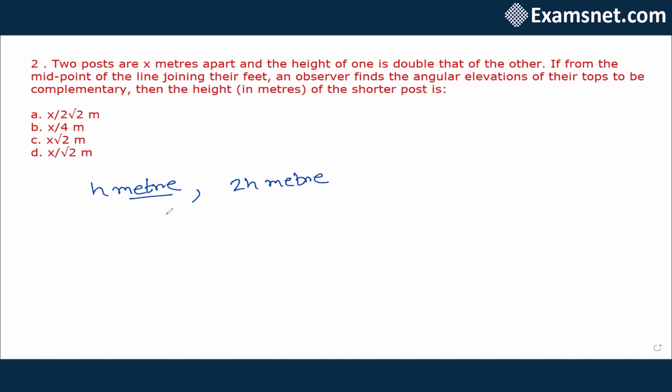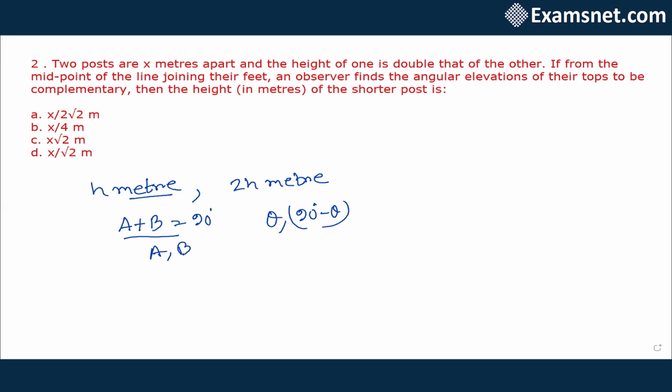If the sum of two angles is equal to 90 degree, let's say an angle A and another angle B, and the sum of these two angles is 90 degree, we can say A and B are complementary angles, correct? So here we can assume the angular elevation of the top of one post to be theta. So the other angular elevation should be 90 degree minus theta. Okay, so we are done with the information part.